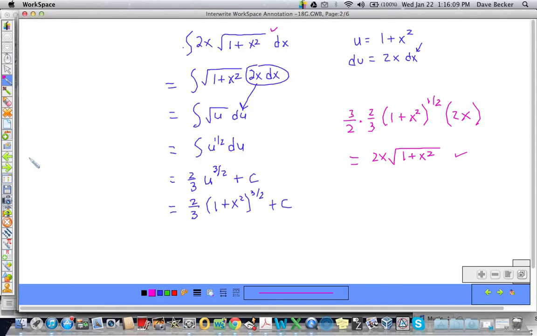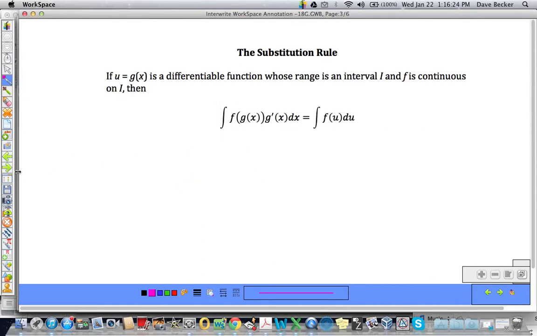And so that's what happened here. We just generalized it. This is the integral of f of u du, where f of u is equal to root u. Okay, so that's the substitution rule.